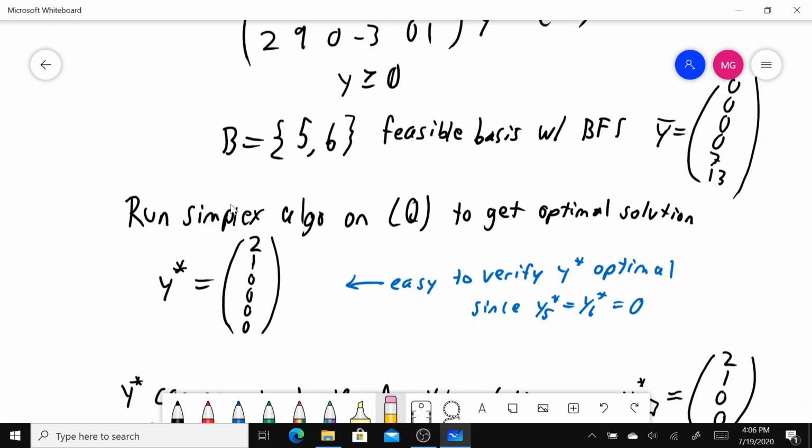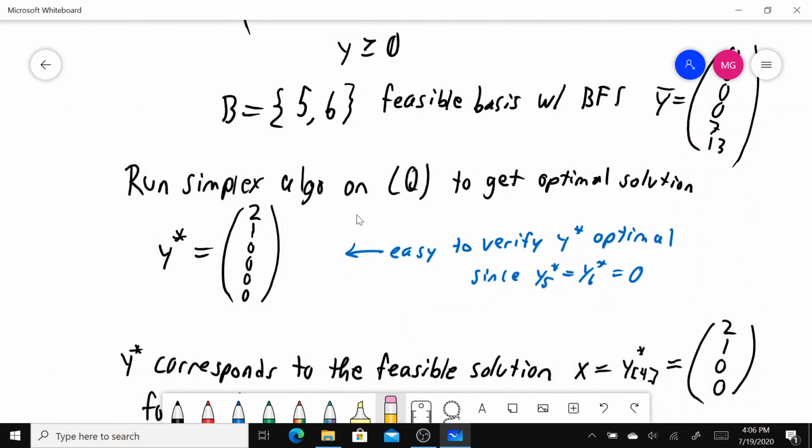If you were to do that, and we already know how to run the simplex algorithm now, we've formalized it and we did a video with an example, then what you would get is y star. The optimal solution is 2, 1, 0, 0, 0, 0. Well, it's an optimal solution, but it's the one that you get when you start with this basic feasible solution. Anyways, this is an optimal solution that would come from the simplex algorithm, and you can easily verify that this is optimal.